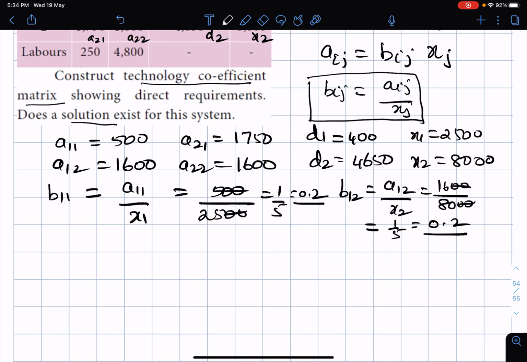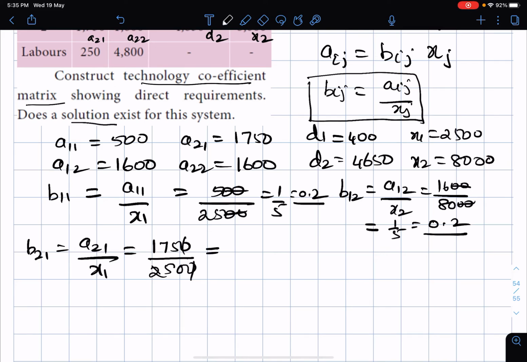Now coming to our B21. A21 by X1. What is our A21? A21 is 1750 by X1, which is 2500. Cut off a zero and your answer is going to be 7 by 10, that is equal to 0.7. Now coming to B22, similarly A22 by X2.